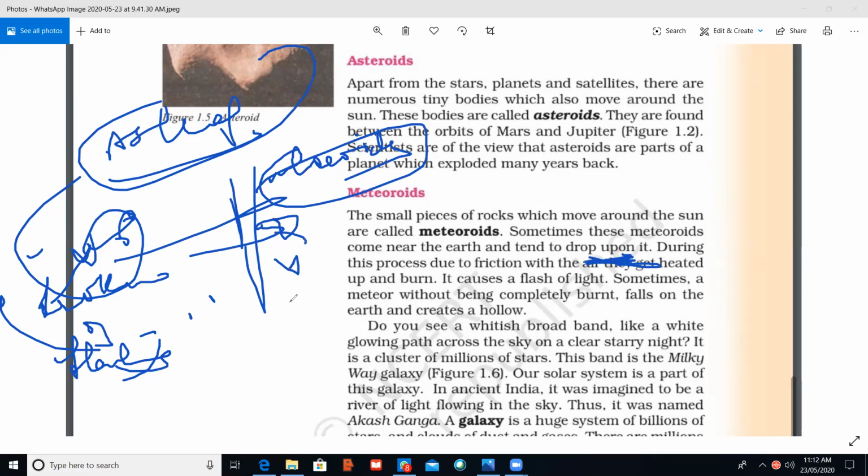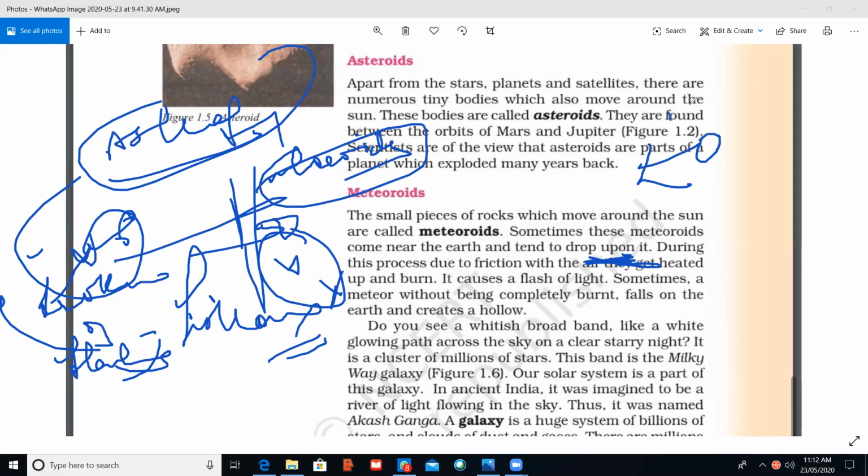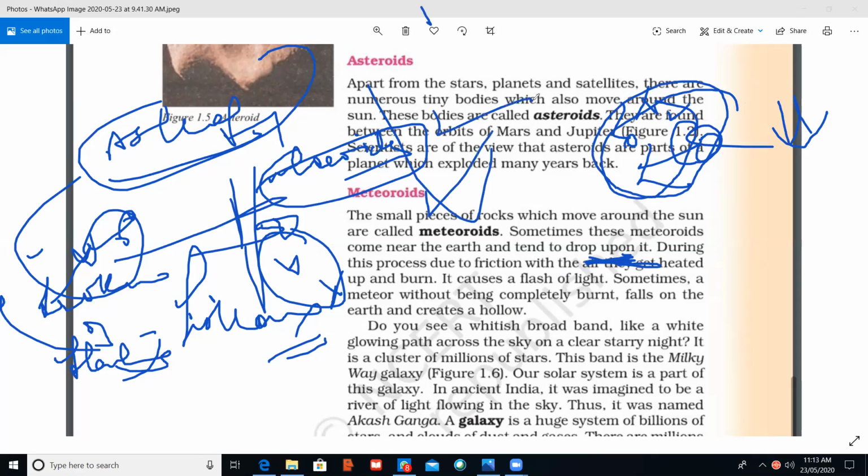Whenever any unburnt meteoroid falls on the earth, it creates a hollow, right? Think for example, if a burning meteoroid came to earth, what would happen? Obviously it would just slow down its flame, because earth's atmosphere will stop such a huge amount of heat. It will stop because of the earth's atmosphere.